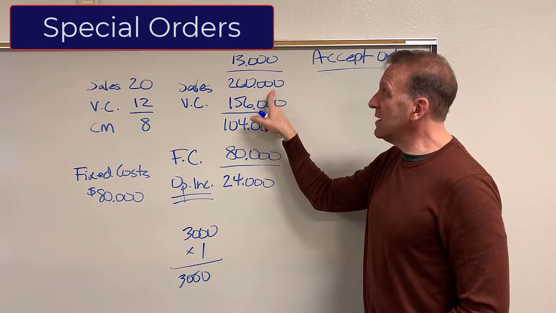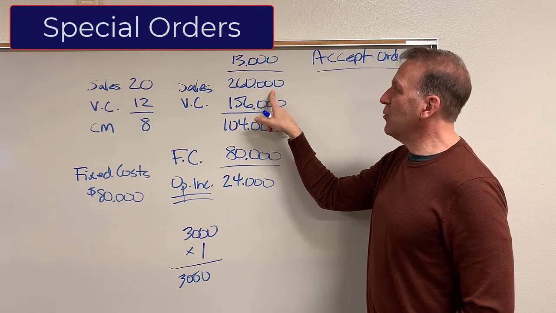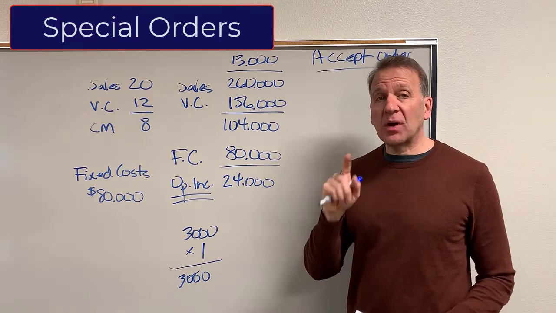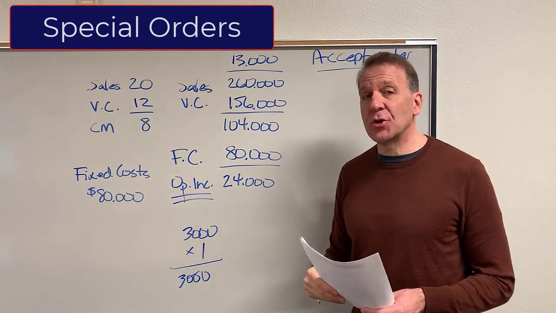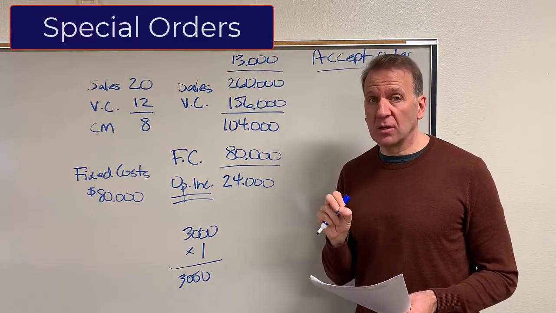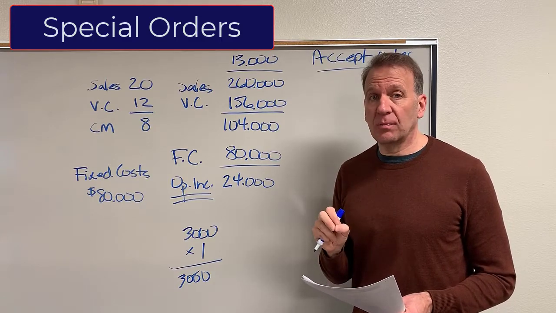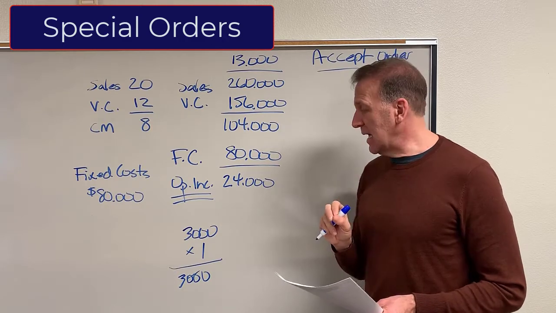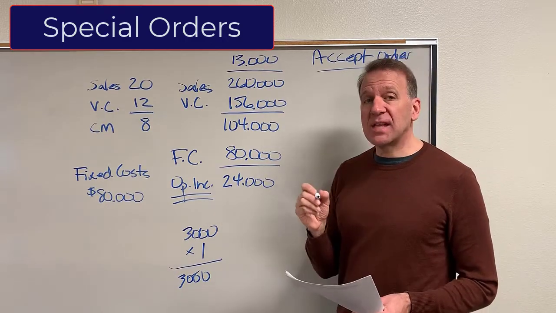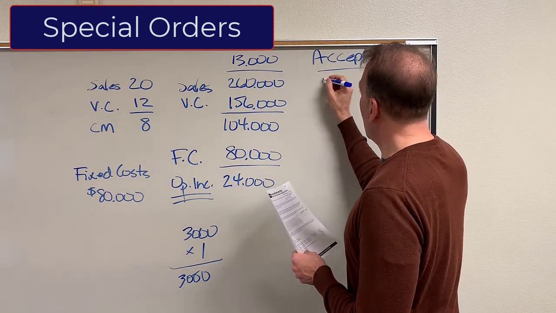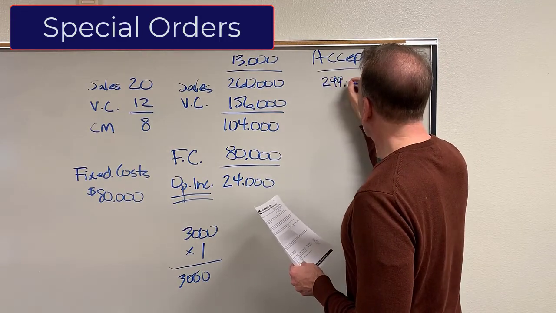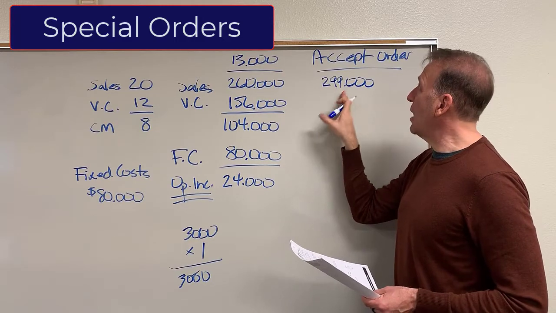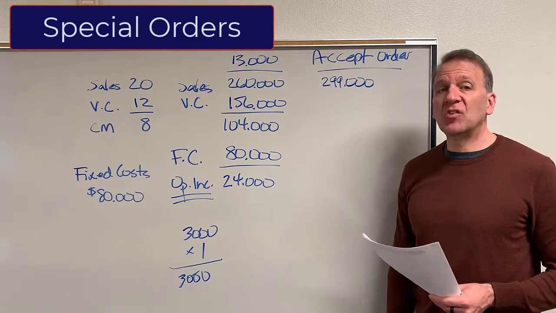So we have this revenue, and now if we sell 3,000 more at a sales price of $13, that gets us $39,000 more dollars in sales because 3,000 soccer balls times that $13 sales price gets us $39,000. So our revenue would then go up $39,000 to $299,000 if we accept this special order.